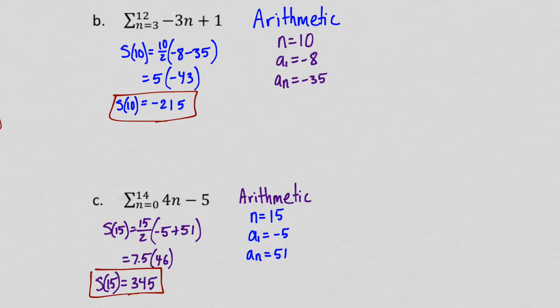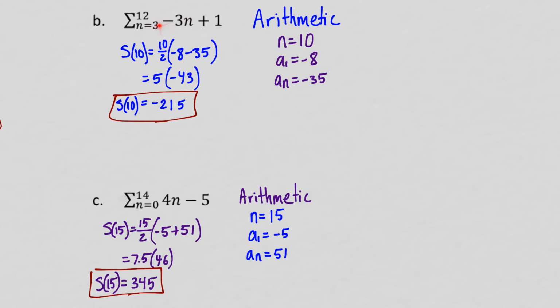Okay, here you go. Here's the correct solutions for B and C. Both of them are arithmetic, as you can see from n is being multiplied by a number, right? N is 10 in this one because it's 12 minus 3, which is 9, plus 1 is 10. A sub 1 is negative 8. I got that by plugging in 3, right? A sub 1 means what is the initial term.